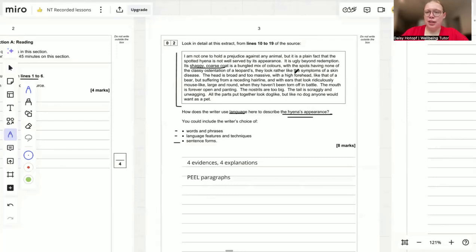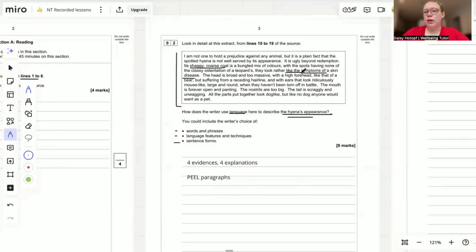You might say that the hyena is described as having a shaggy coarse coat in a bungled mix of colors, right? A kind of a crazy mix of colors, kind of all over the place. Looking like the symptoms of a skin disease. Yeah, that's a simile. Looking like the symptoms of a skin disease. So you might do a PEEL paragraph on these 2 quotes, and then move on to something different.